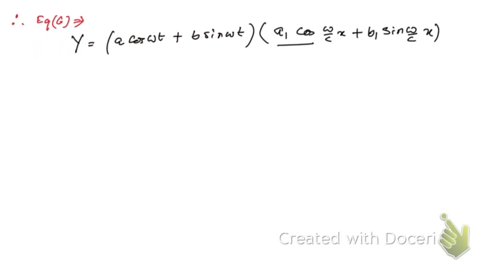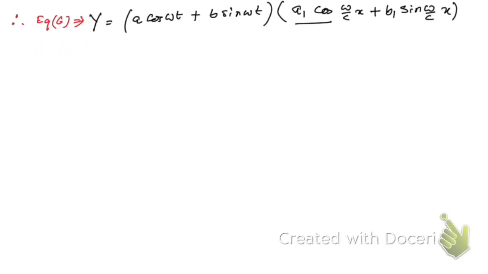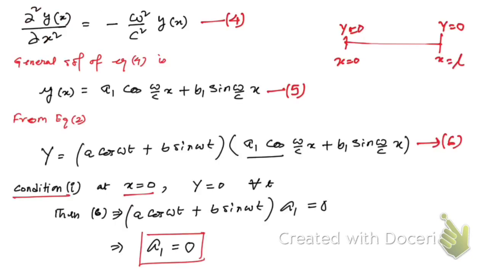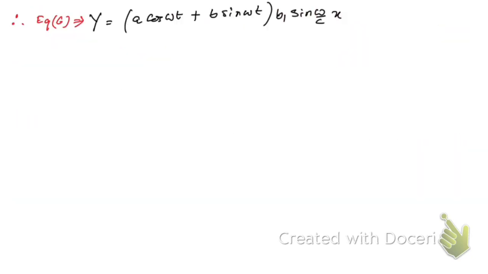This is equation number 6, and on putting a1 is equal to 0, it becomes of this form. Just wait. So that's what we're gonna have, right? Now what was the last equation? Equation number 6. So let it be equation number 7. Okay, let it be equation number 7.